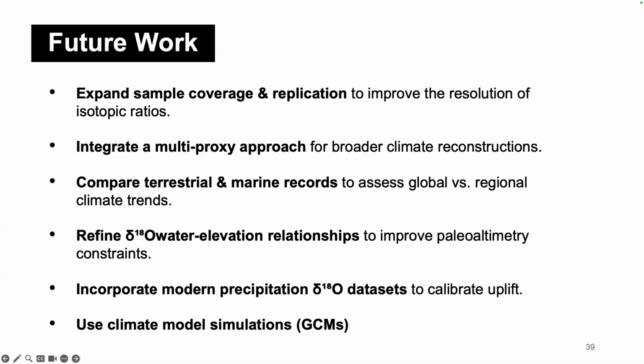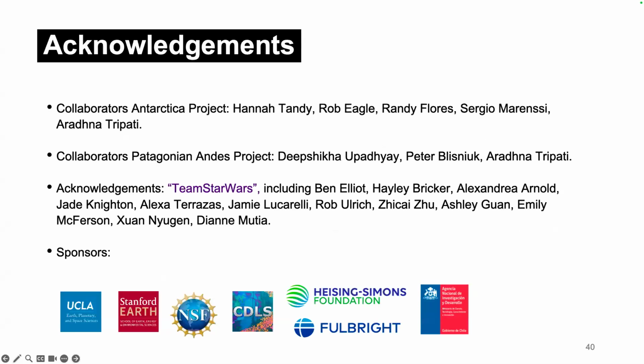General circulation models, GCMs, will be essential in evaluating climate-tectonic feedbacks and refining predictions for future climate change. Addressing this aspect will enhance our understanding of Miocene climate reconstructions, refine Andean uplift estimates, and improve our understanding of long-term climate evolution in the southern hemisphere.